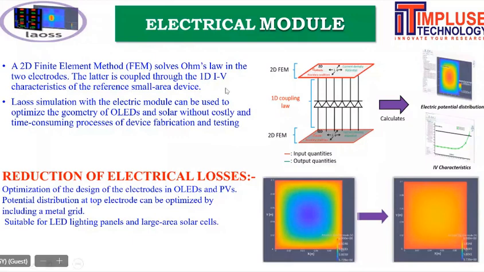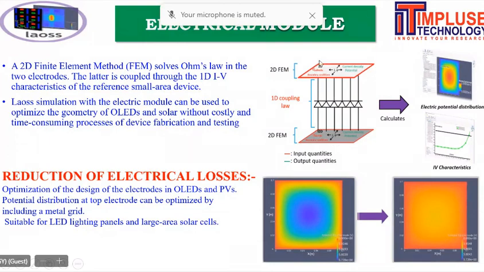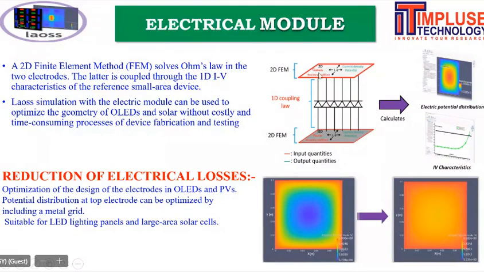As you can see, this is a 2D FEM based device structure where you can define some cathodes, boundary conditions, and loss, the input quantities, and you can calculate the current density and potentials. So you can define anode boundary conditions and some cathode boundary conditions, and integrate 2D plus Bundy FEM simulation to find the current density and potentials.